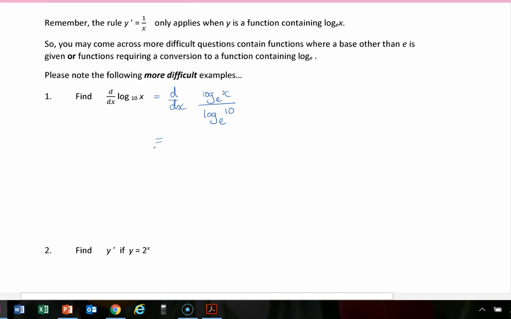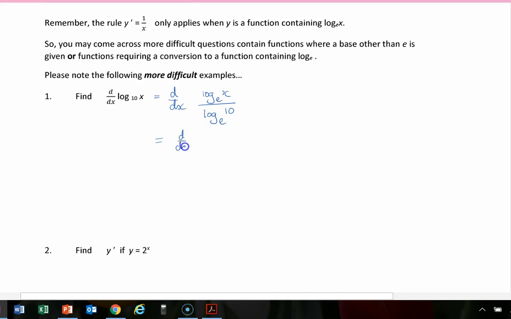Now, it's important to realise that log to base 10 of e is just a number. It doesn't involve any x. It's a constant. So we'd have to think about how you differentiate with a constant.